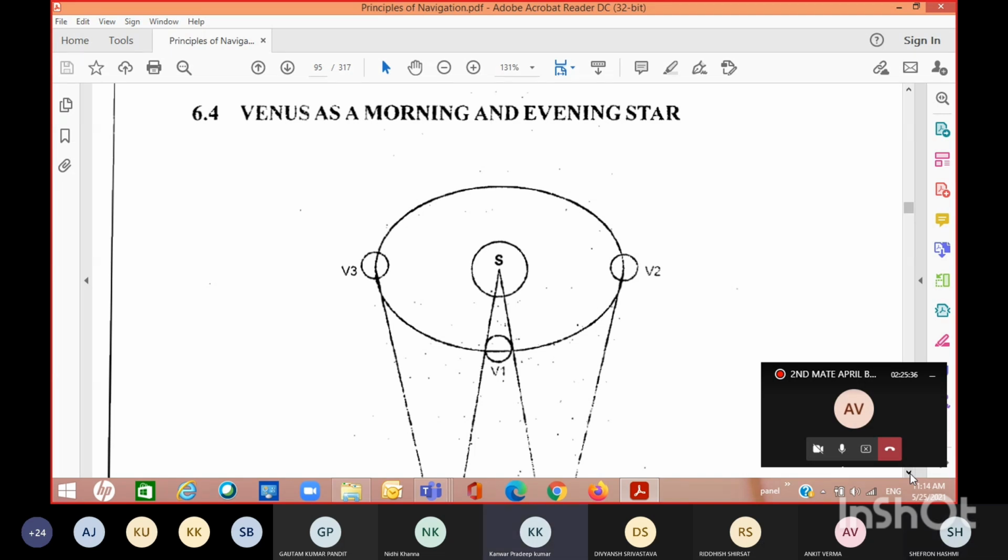Elongation of a planet, calculation of the distance from the sun, the seasons, how they are caused, and day and night, how they are caused. Read all these topics once again, go through the video or the diagrams. And when you come on Thursday, be prepared with two answers: the constant of Kepler's third law, the elongation of Mercury, and read about Venus as the morning and evening star so that we understand much faster.